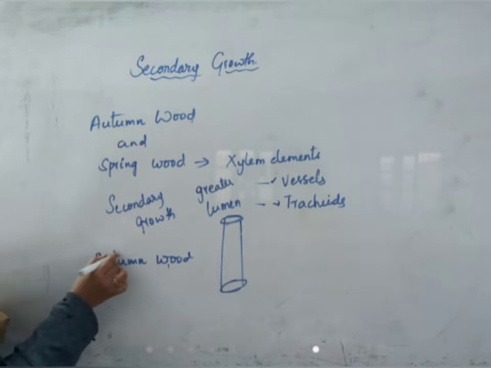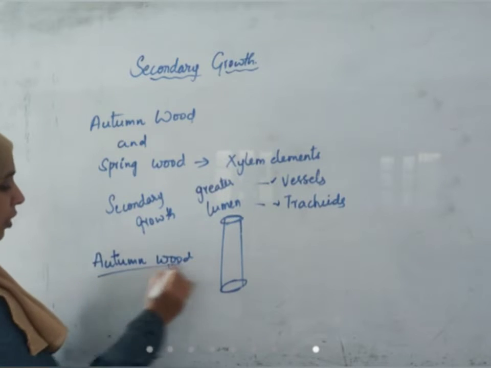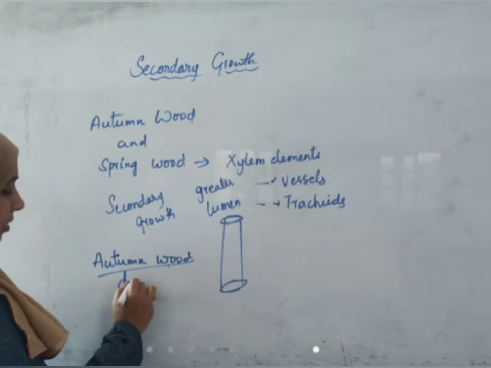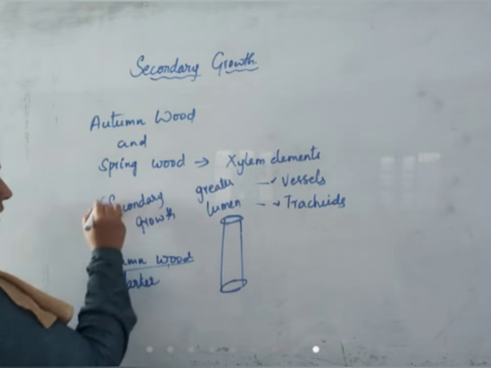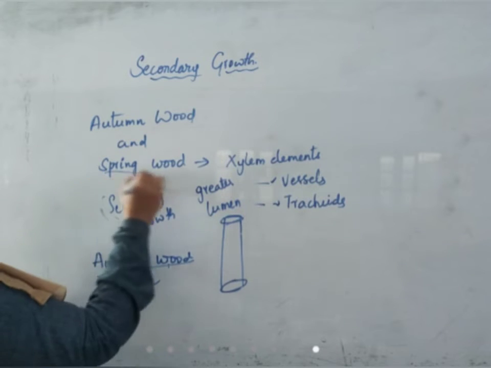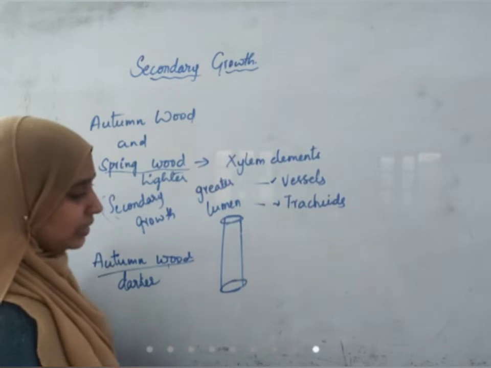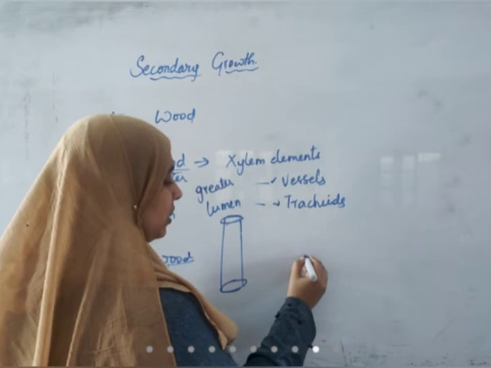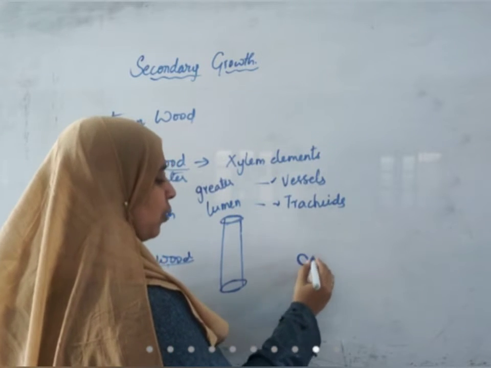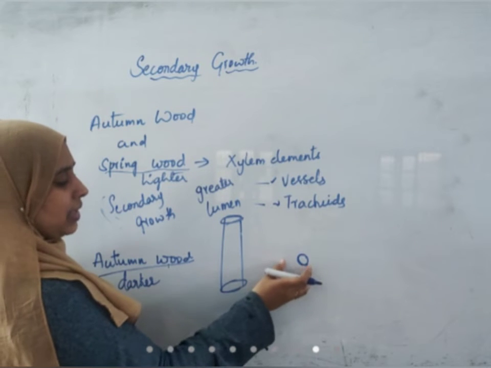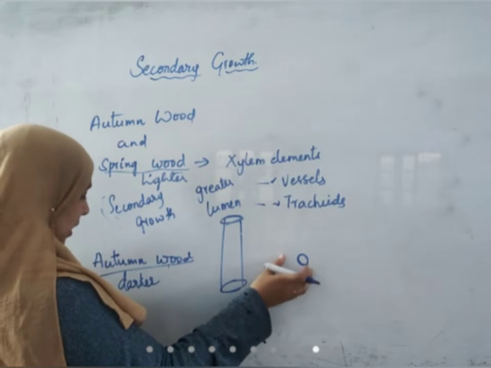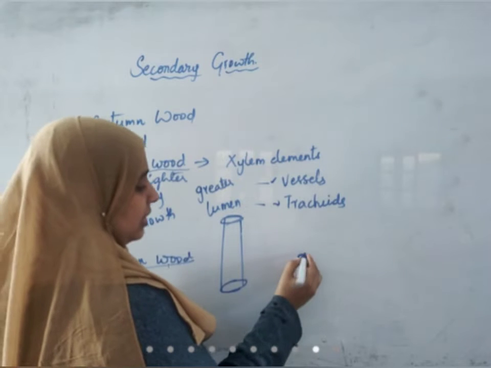As a result, this autumn wood looks darker and spring wood is lighter in color. So when secondary growth occurs in 1 year, the first layer of secondary growth will be lighter in color.